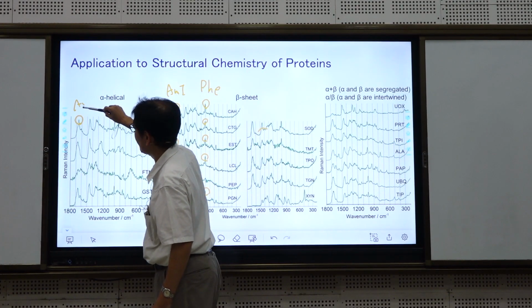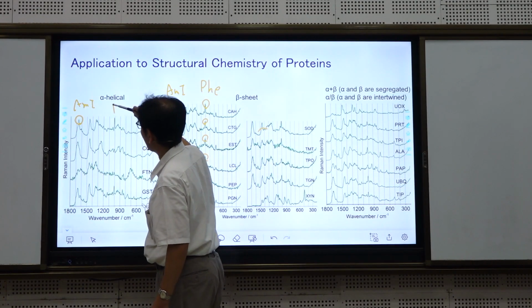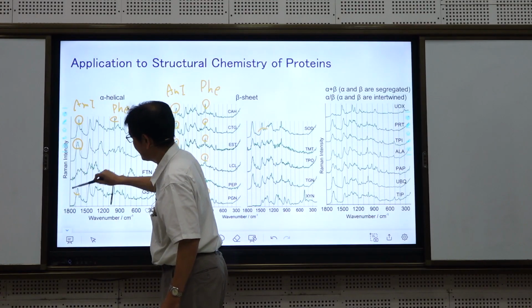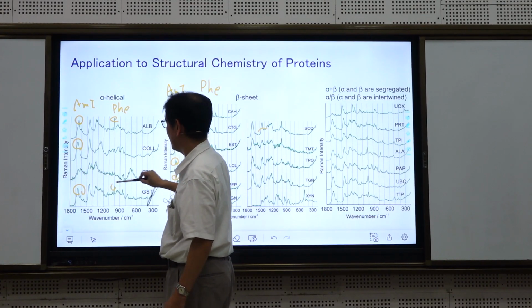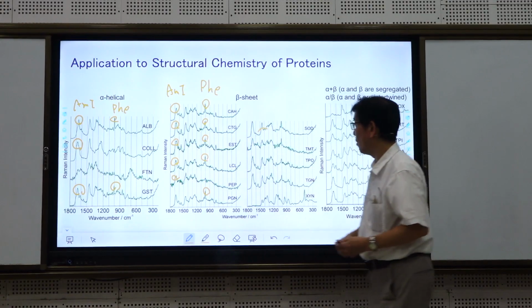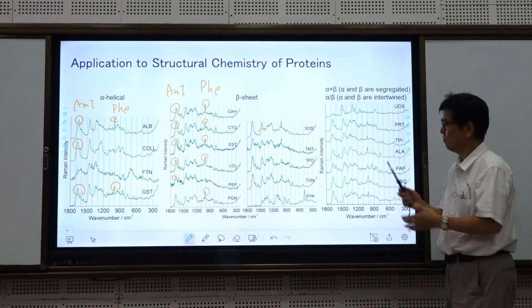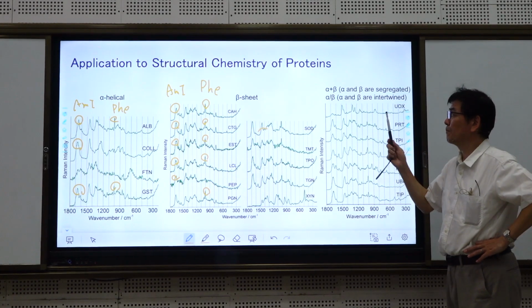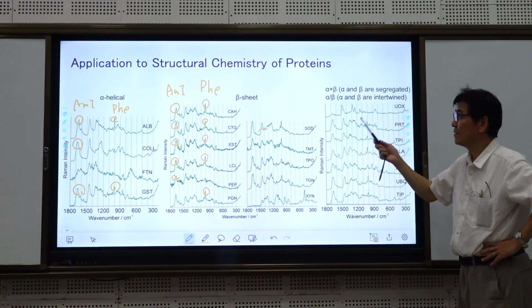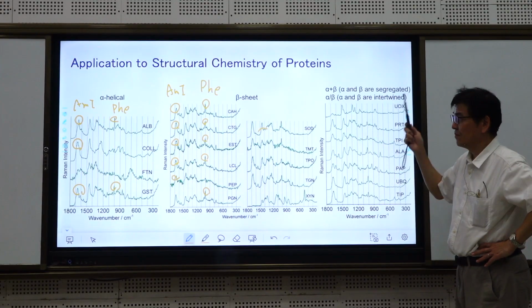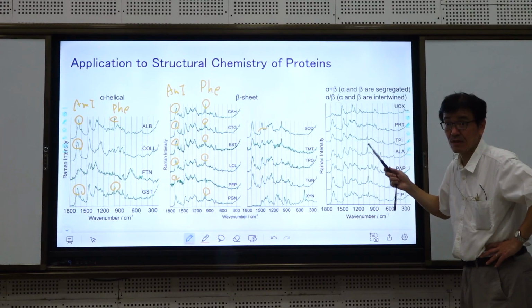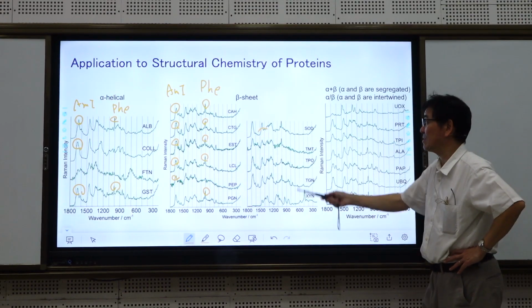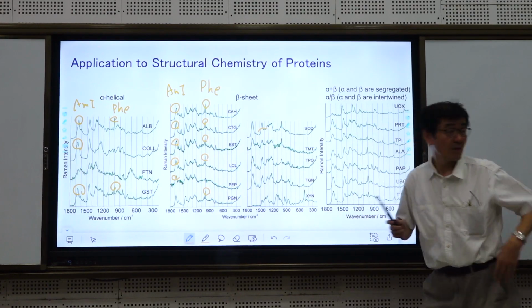Okay, amide 1. Phenylalanine. So the information we can obtain from the Raman spectrum is similar irrespective of the proteins.